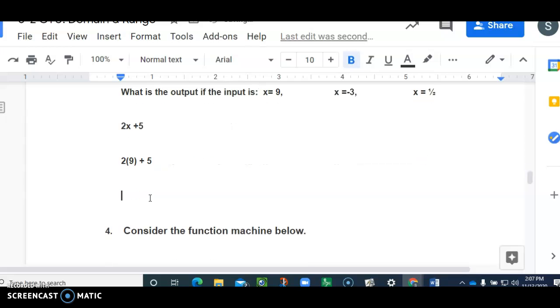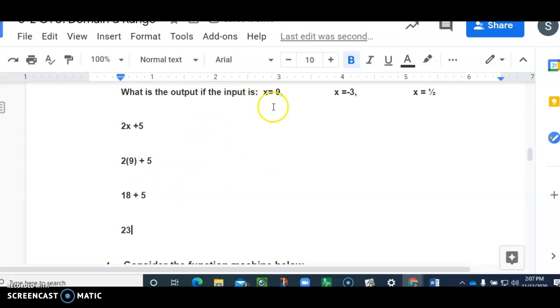Then what do I have? 2 times 9, that's 18, right? So 18 plus 5, what do I have? 23. That's what happens if my x is 9, this is what my y is going to be.